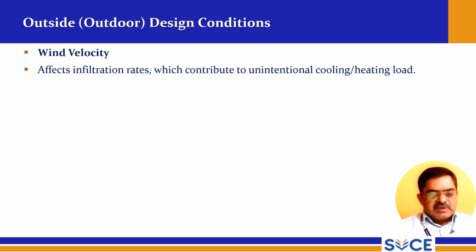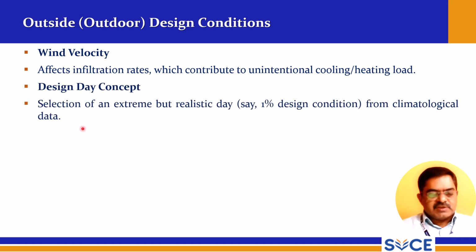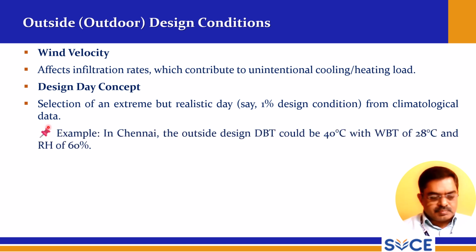Another factor is wind velocity. It affects infiltration rates, which contribute to unintentional cooling or heating load. Design day concept: it is the selection of an extreme but realistic day, say a 1% design condition from climatological data, which is nothing but past climate data.